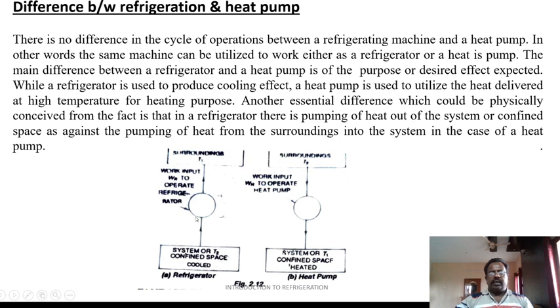So this is T1 and T2, where this is the refrigerator. This is the work input or WR to operate the refrigerator. Whereas in case of a heat pump, this is the system or space to be heated, and this is the surrounding. So this is the work input to operate the heat pump. That is the difference between refrigerator and heat pump.